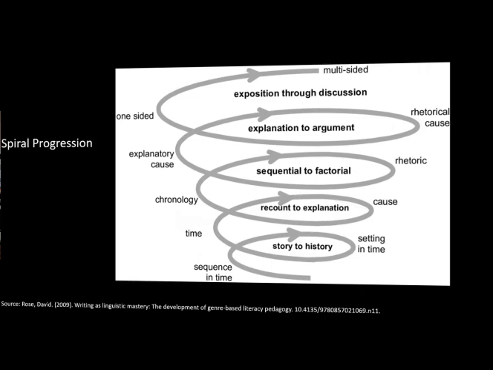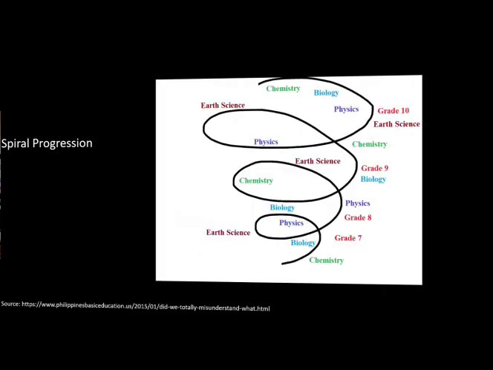So, when we say that we are spiral progressing our teaching and our curriculum, it's not just a simple statement of arranging subjects. It's not just arranging which subject should be taken in first year, in second year, in third year.